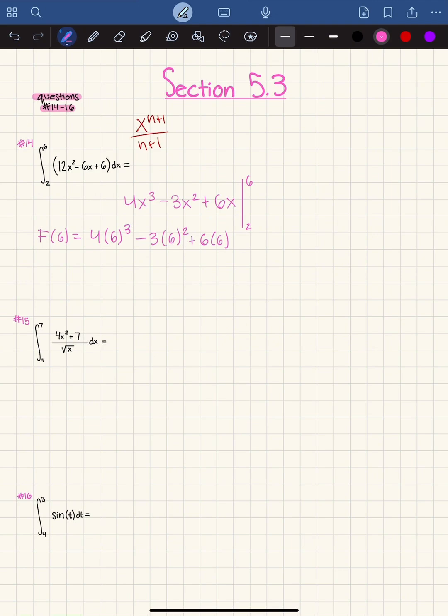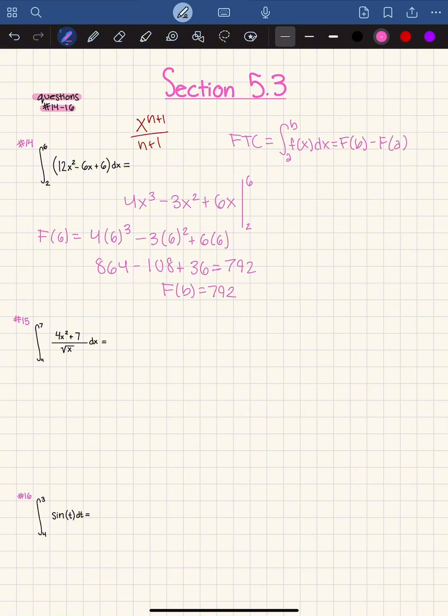And this simplifies to 864 minus 108 plus 36, which equals 792. So our F of b is 792, because FTC states that from a to b, f of x dx equals F of b minus F of a.